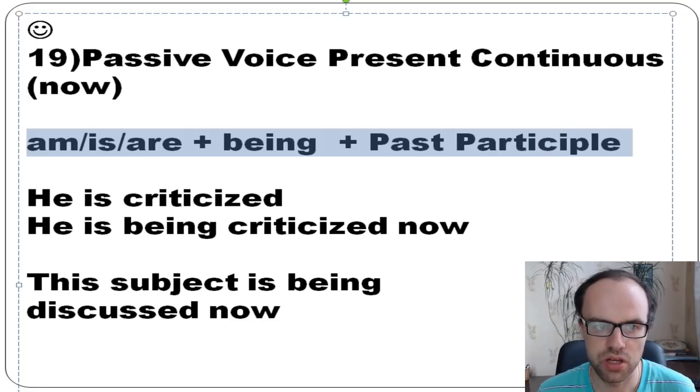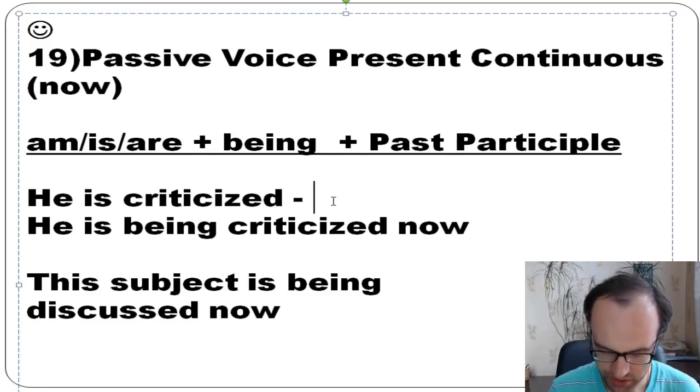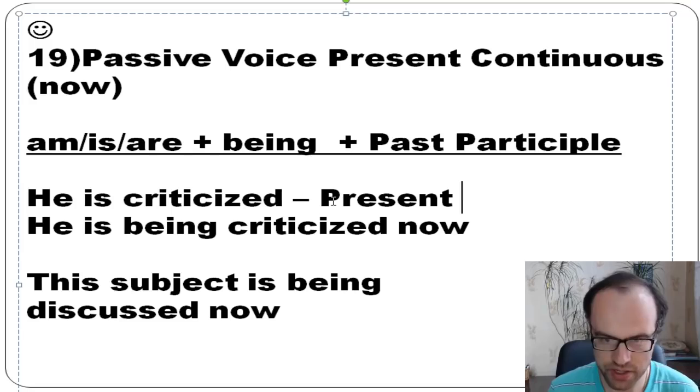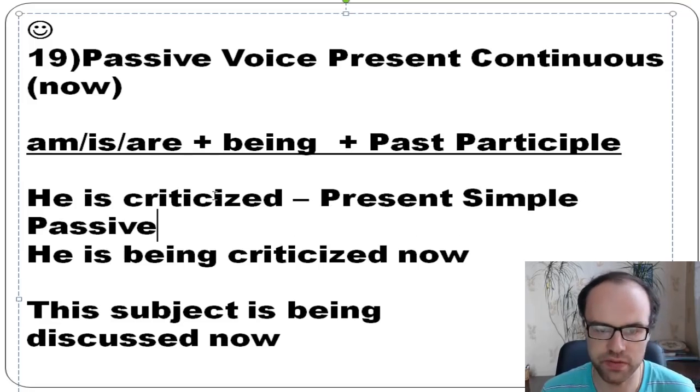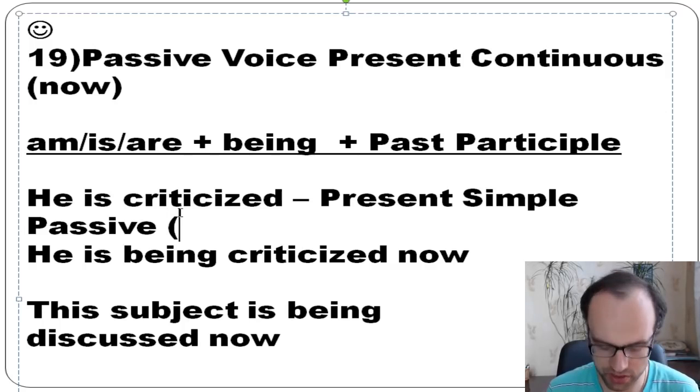Look, he is criticized. You see, it's present simple passive. It's present simple passive. He is criticized. Good. So it often happens.